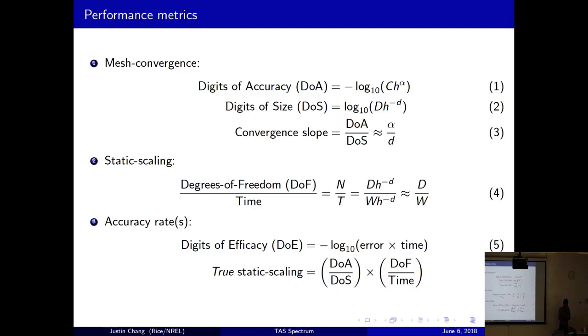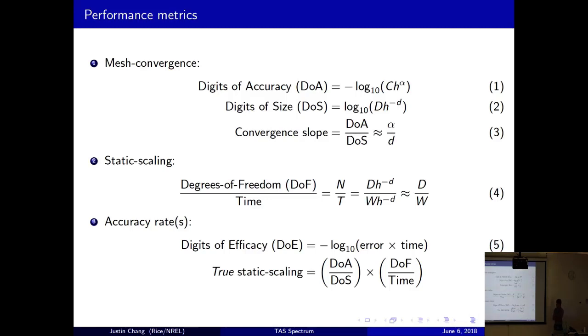So accuracy rates, this is the meaty part of this talk. The digits of efficacy, we came up with the negative logarithm of the error scaled by the time to solution.